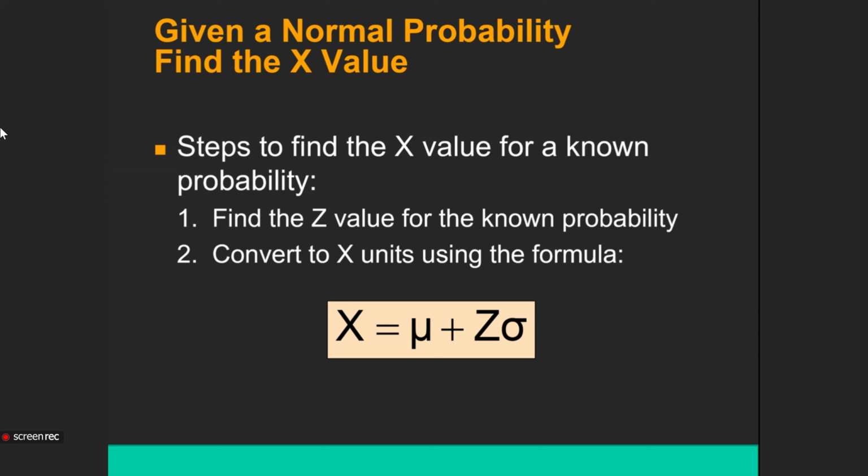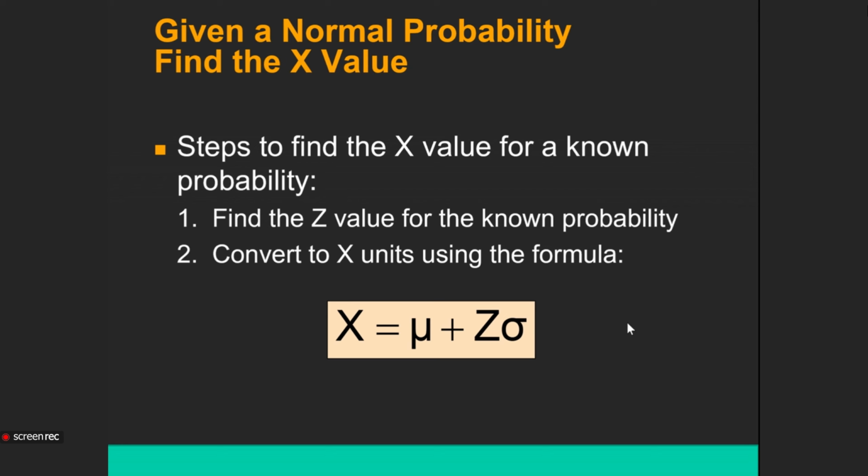So we look at a further implication of this. Now, given a normal distribution probability, we can find the value of our x. So we're going to look at the steps to find the value of our x. The first step is to find the z-value of the unknown probability. The second step will be to convert to our x units using the formula. Now, this formula is very central to our normal distribution.